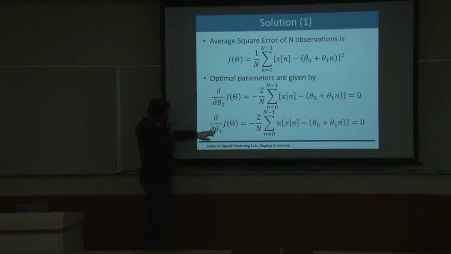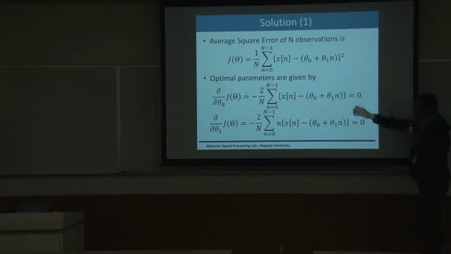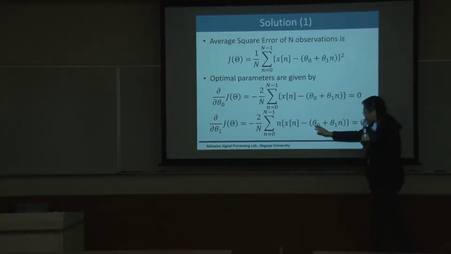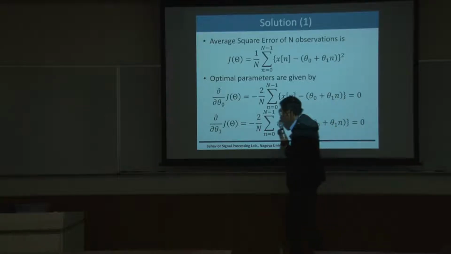And you can do the same thing for the second parameter, and simultaneously you can solve these linear equations, and then you get theta 0 and theta 1, which satisfy these two equations.